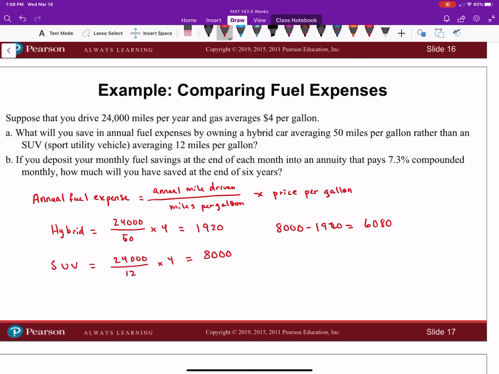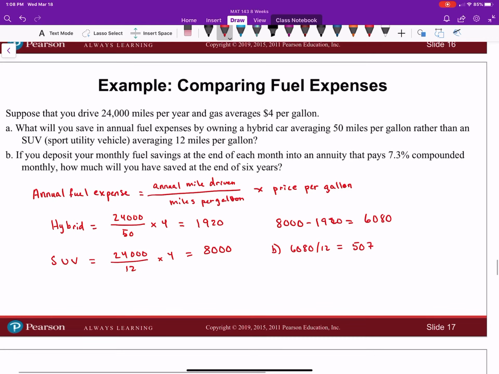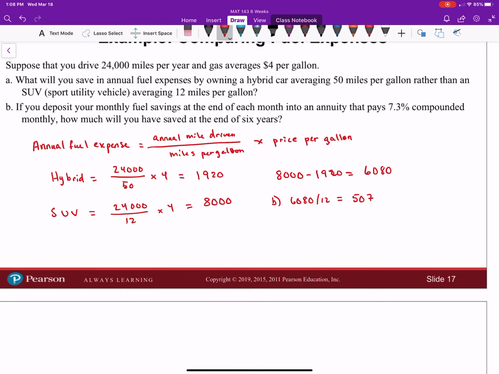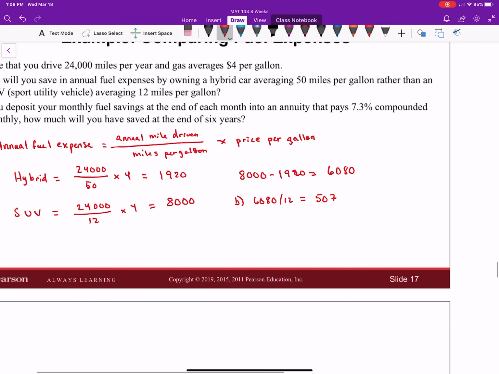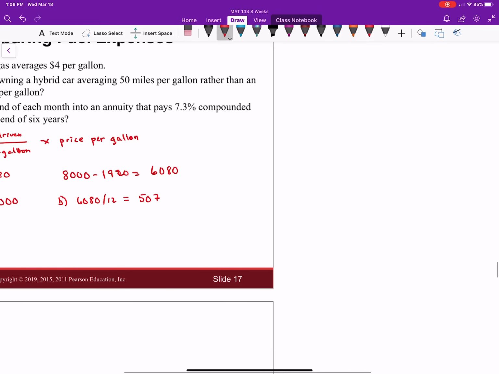So now we're going to take that amount and divide it by 12 for our part B. So for part B, we will do 6,080 divided by 12, which equals roughly about $507 per month. So now we're going to take this and put it into the annuity. So I'm going to slide over here to the side.